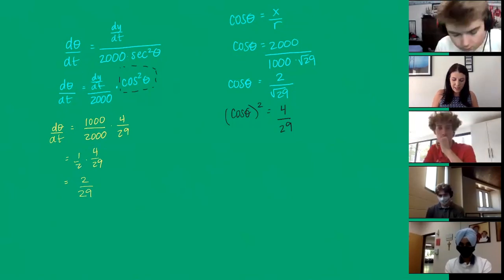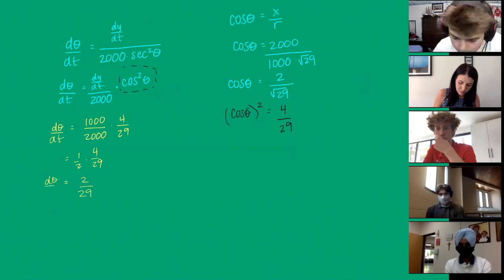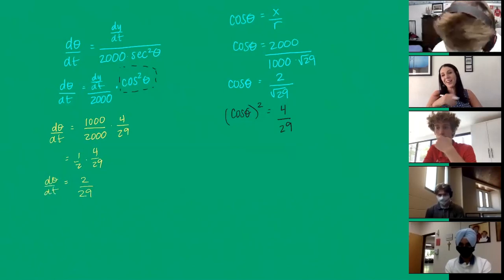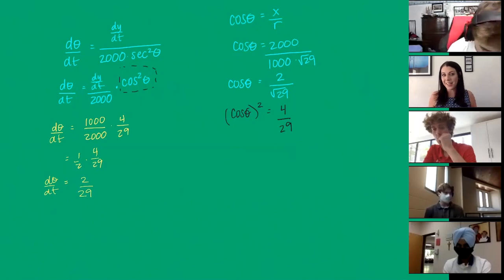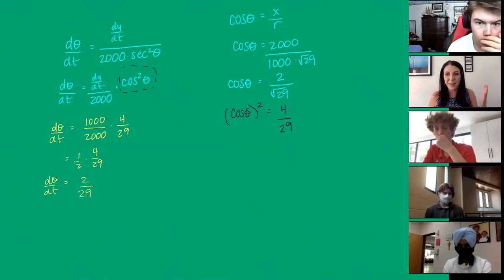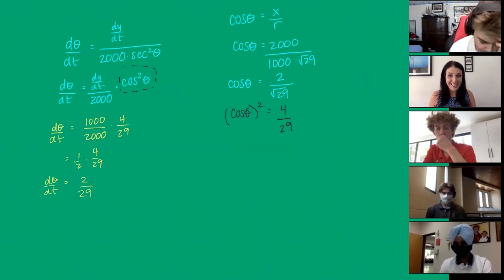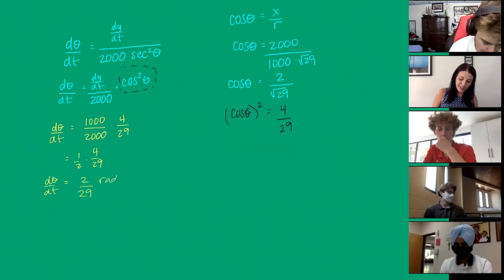So we found d theta dt. Degrees per second. That is what a lot of guys will say, and that is close but incorrect. Any backup guesses, plan B guesses? Radians per second? Radians per second is correct.